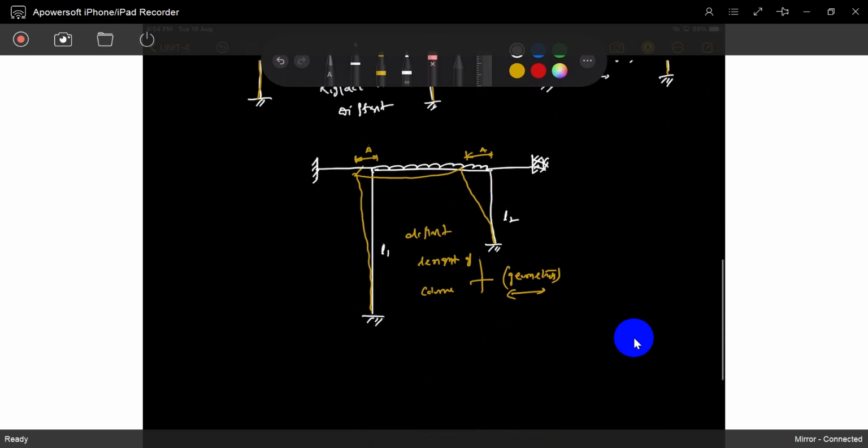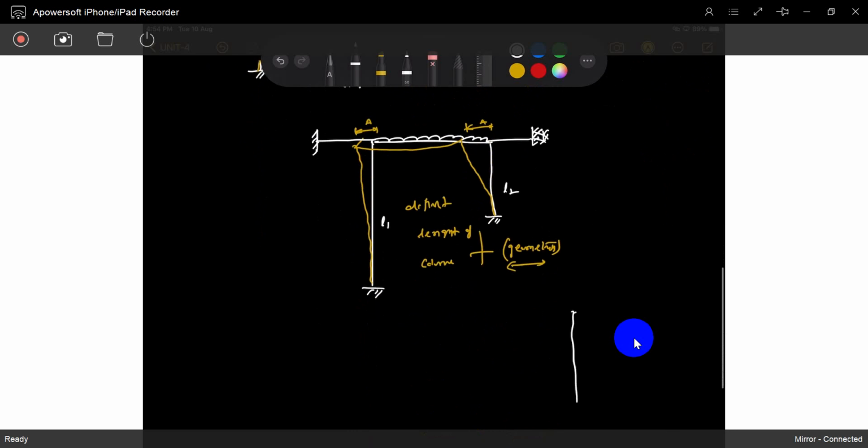Whether eccentric loading or anything, it can't move or displace, because the support is there to control it.